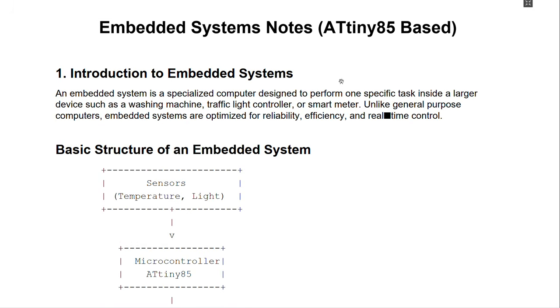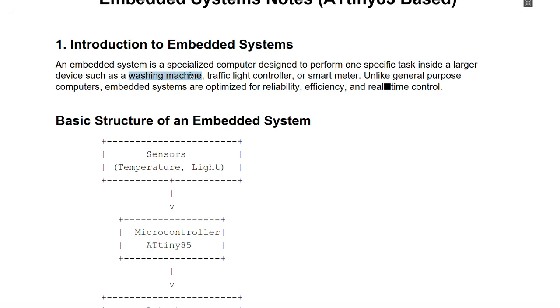Let's say like in a washing machine, like we've had in our definition. A washing machine has a temperature sensor on the inside, right? Because it has to heat up water to wash, to make the washing process easier and faster. But the temperature of the water on the inside is monitored.